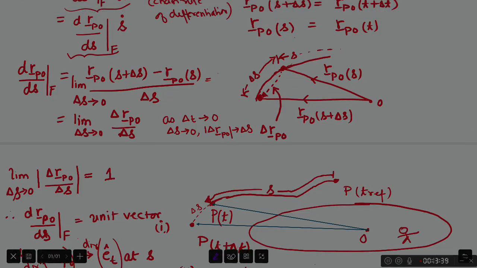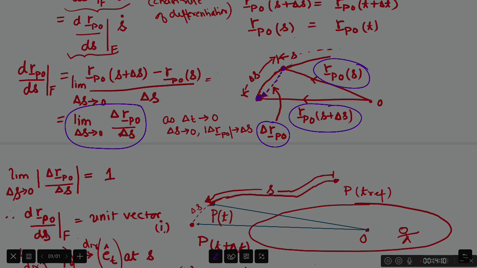This is the delta RPO vector. So this is the particle location at time t, this is the particle location at t plus delta t. So this dashed vector is delta RPO, which is the difference between this position vector and this position vector. So essentially this is the limit of delta RPO by delta S.